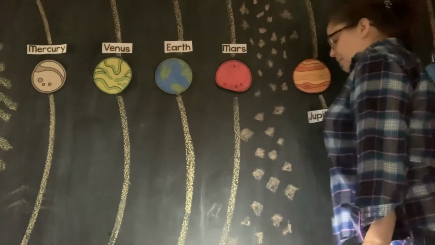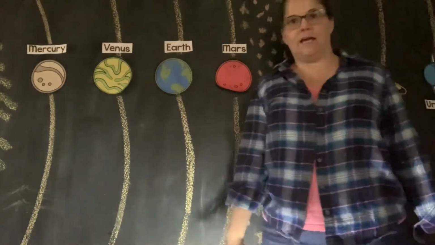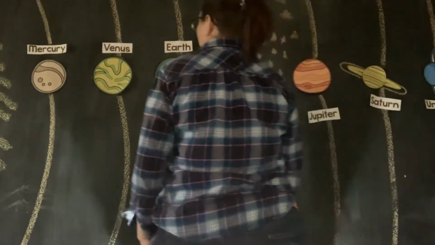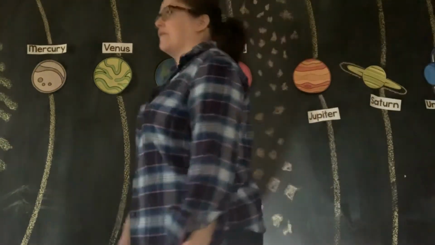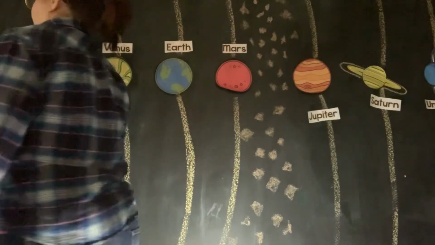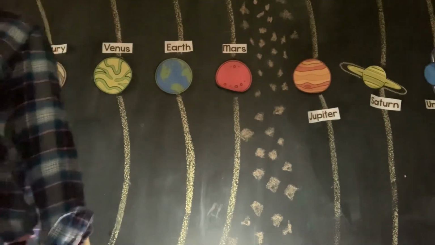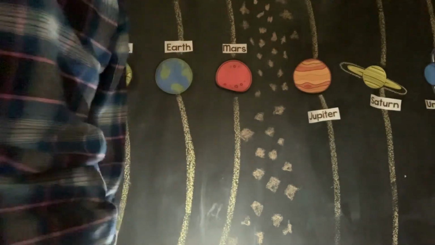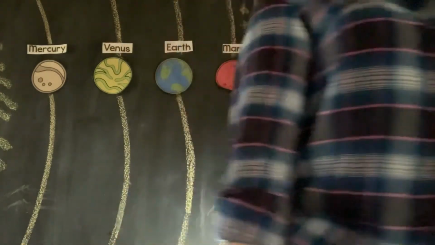So I'm rotating, creating day and night, but I'm also moving around the sun. I'm revolving around the sun. I'm becoming very dizzy. So I'm rotating, making day and night, and I'm revolving around the sun, taking a very long path around the sun to create our seasons.